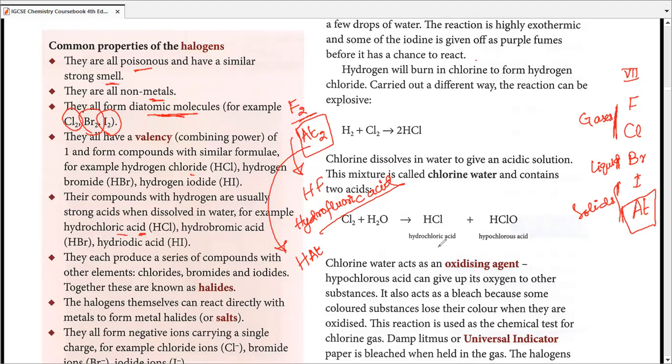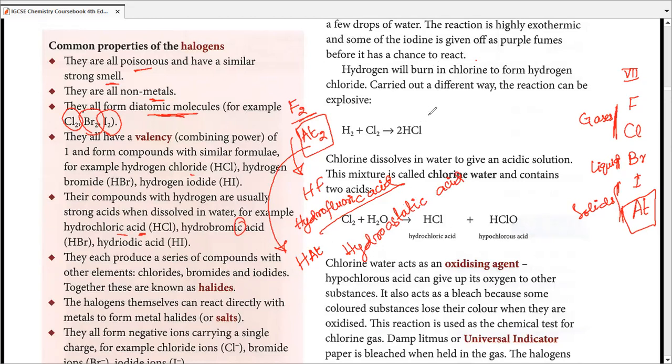It will be hydroastatic acid. It's 'ic' acid at the end. So it's hydro and astatic acid. All right, great. Now, these are just predictions.